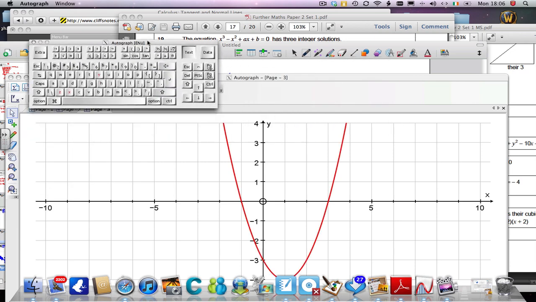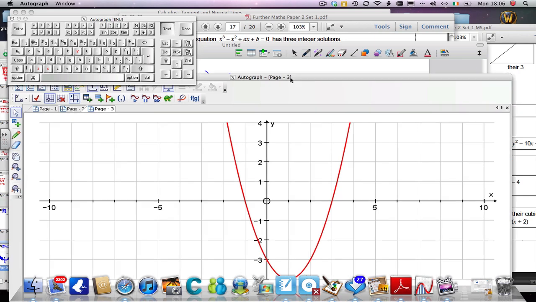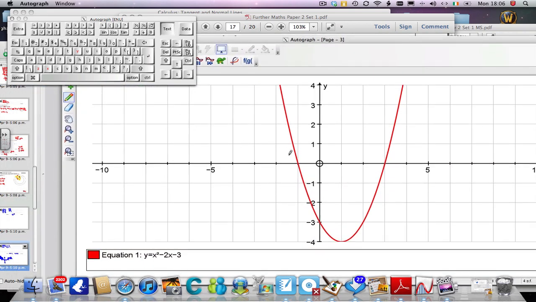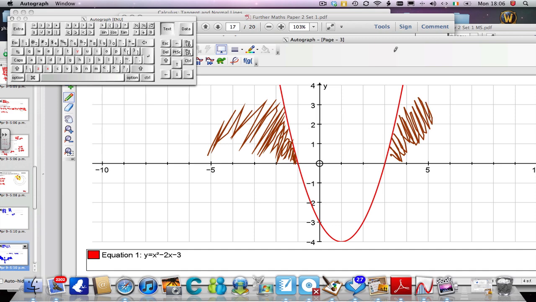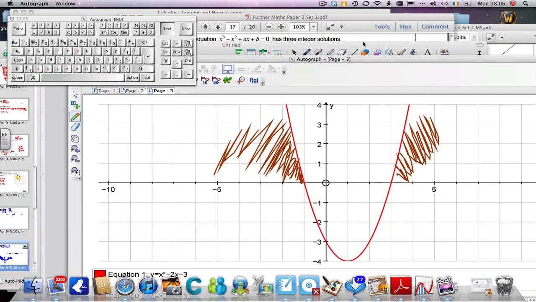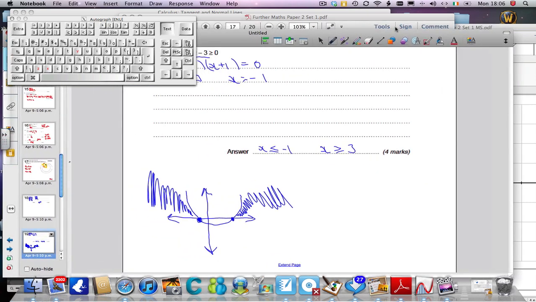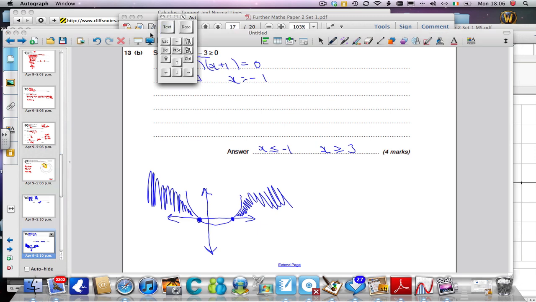Let's see, and there we are. Voila. You can see that everywhere that's less than or equal to -1, and everywhere that's greater than or equal to 3, we get a solution that is greater than or equal to 0, which means above the x-axis. Fantastic.